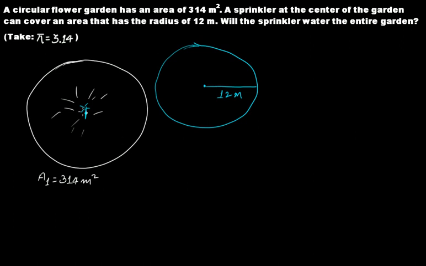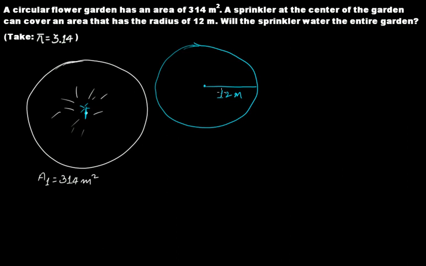It's asking, can you tell on the basis of the information given here, that is, the area of the entire flower garden is 314 meters square and this water sprinkler forms a circle of radius 12 meter, will this cover the garden completely or not? That's very simple. We know the area of the flower garden.